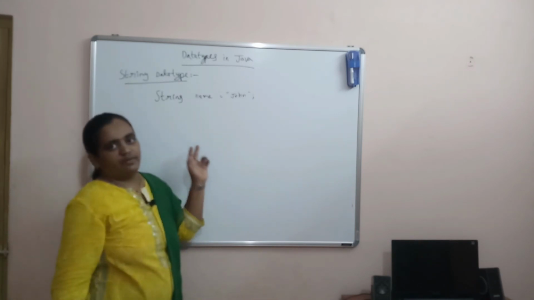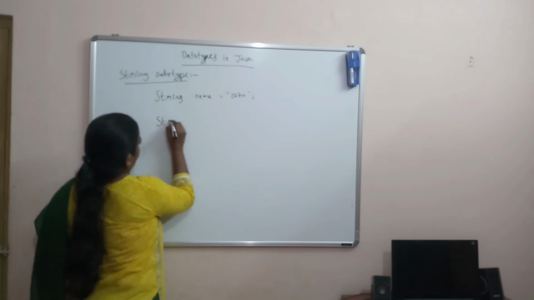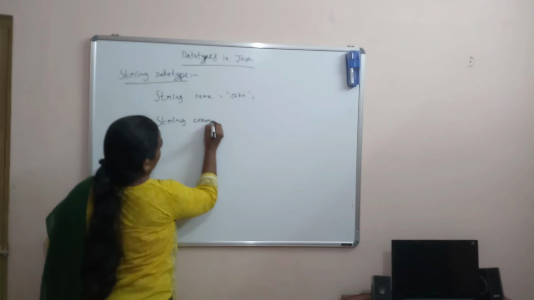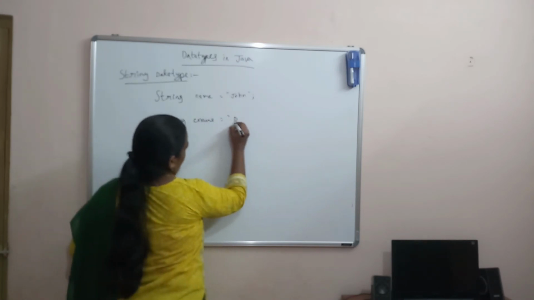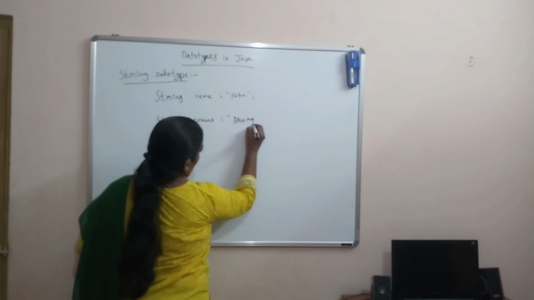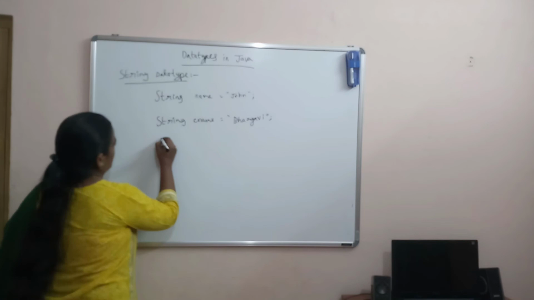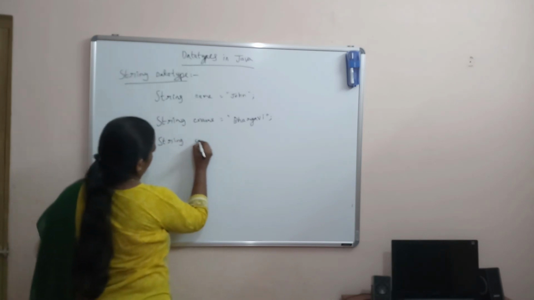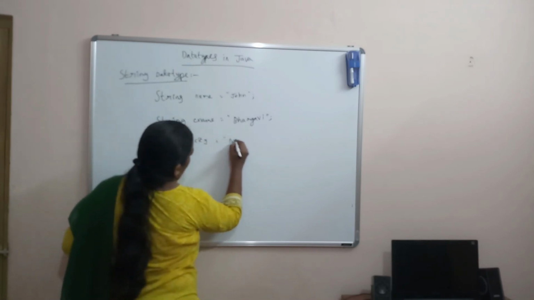I would like to save employee names, e-names. Suppose another, take Bhargavi, like this. Suppose we need a city name or city address in our project, for that, New Delhi.